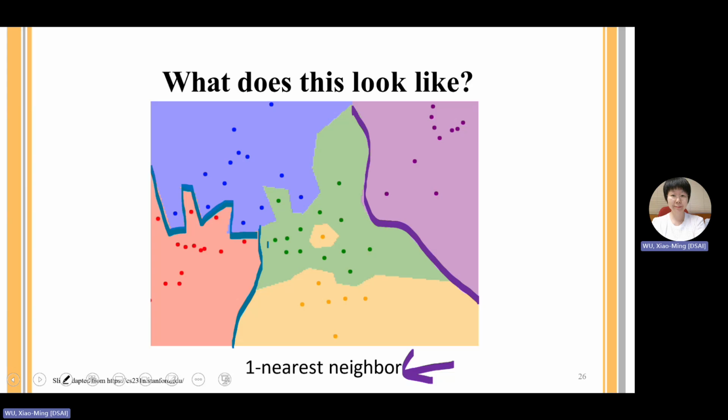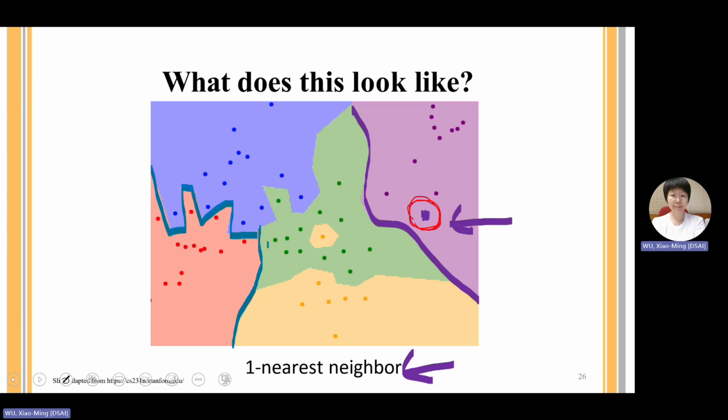Given those training data points, we have a few dozen training data points. For any point on the plane, we can apply the nearest neighbor algorithm to classify this point. For example, this point.